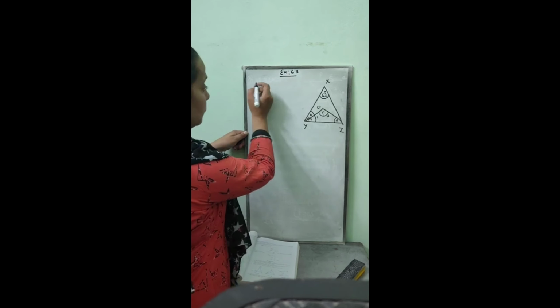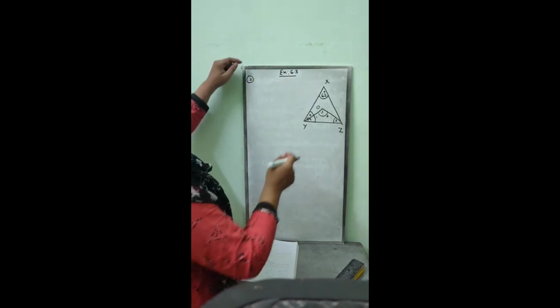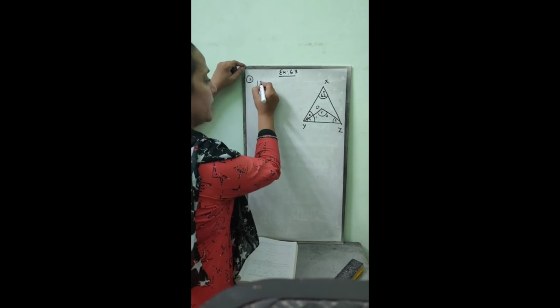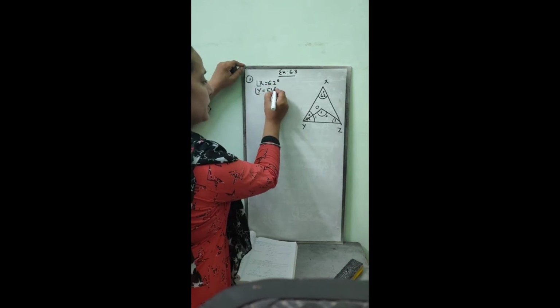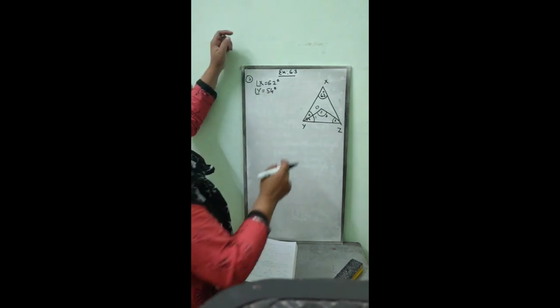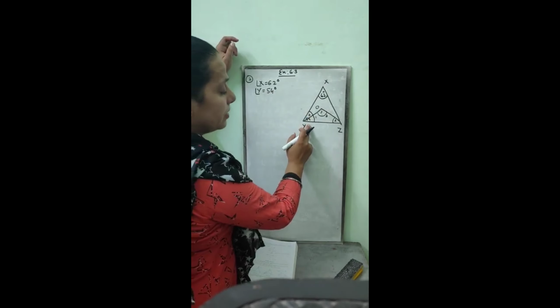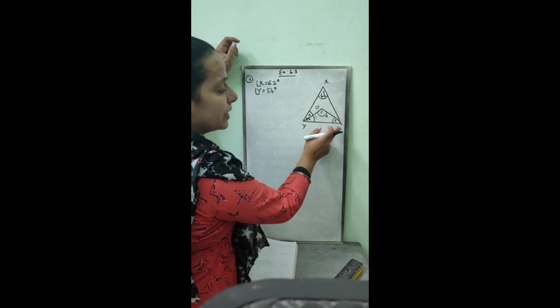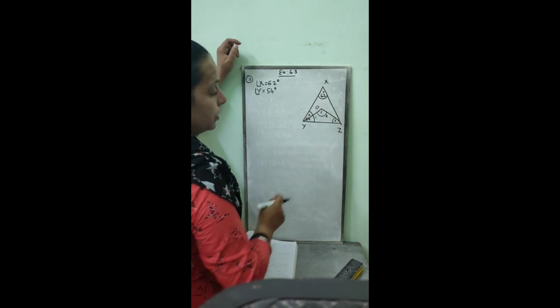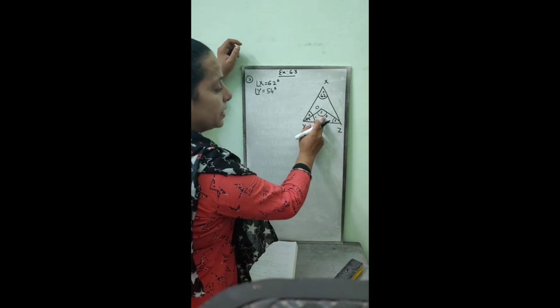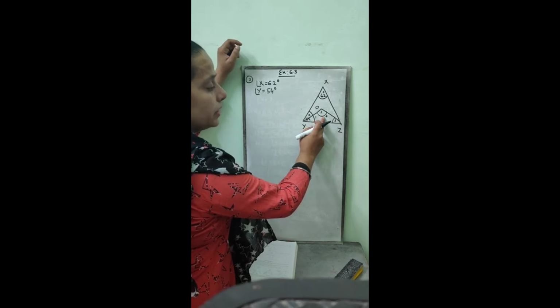Sum number 2. In triangle XYZ, angle X is 62 degree, angle Y is 54 degree, right? OY is the bisector of angle Y, OZ is the bisector of angle Z. They are meeting each other at point O. Your question is to find angle YOZ.